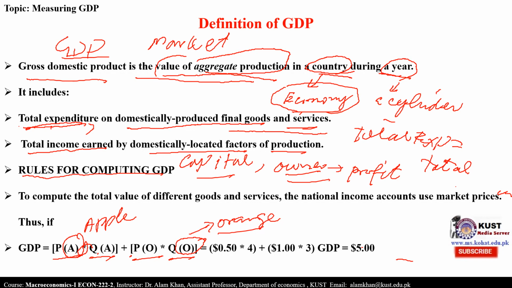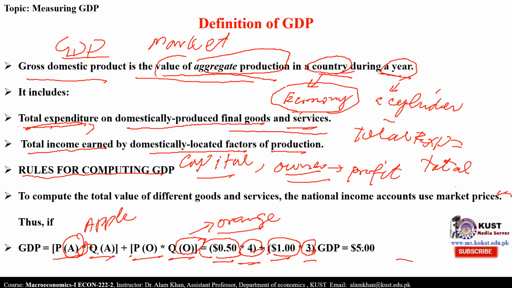Now suppose the price of apple is $0.50 while the quantity produced of apple is 4 units, so price of apple multiplied by quantity of apple, plus if the price of orange per unit is $1 while the quantity produced in a particular economy is 3 units of orange, the total GDP will be equal to the quantity produced multiplied by its price plus the other item's quantity multiplied by its price.